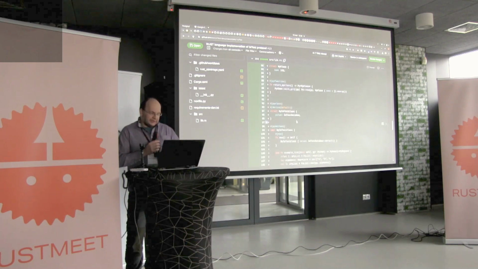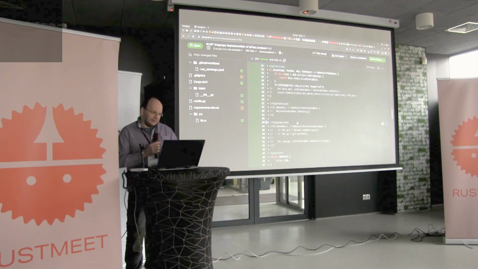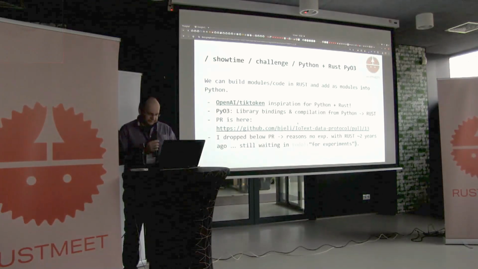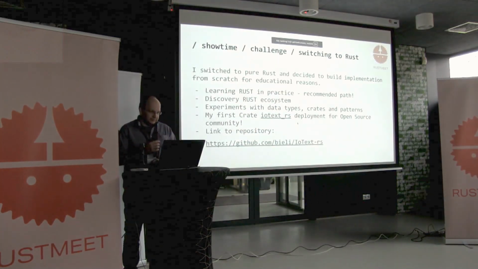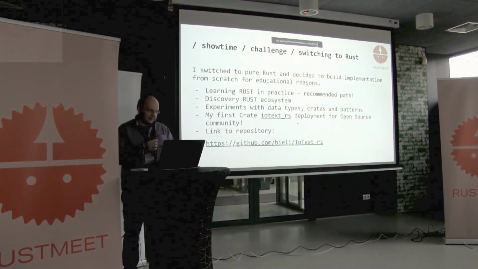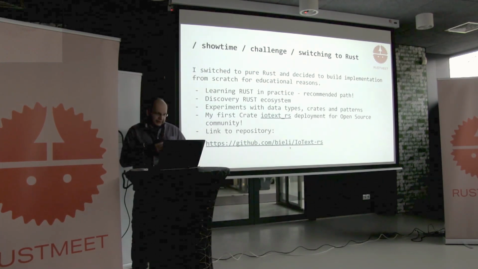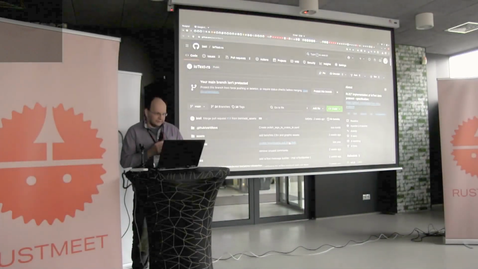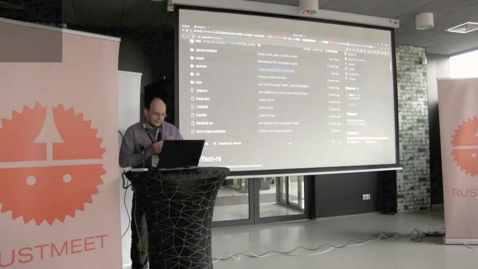And when I started writing my protocol with this solution, I decided, no, I need to stop that and learn Rust from scratch. So I put my hands on the keyboard and decided to create a Rust implementation of the IoText protocol. So this is the repo.